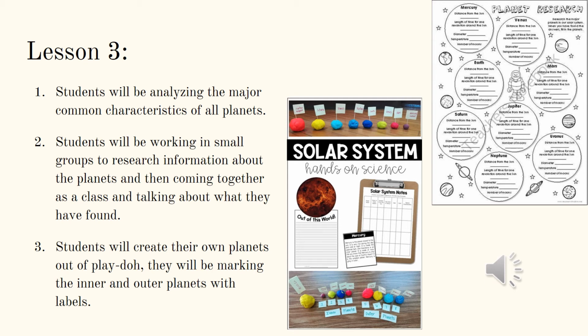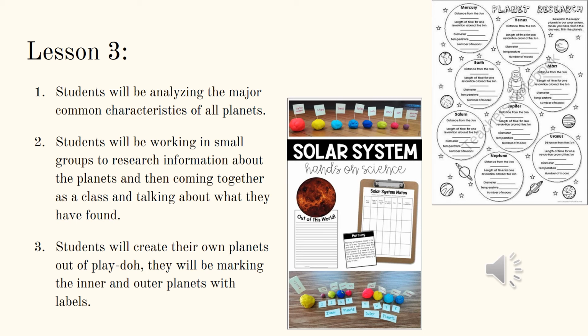For the groups, students will have Play-Doh, and they will describe the different planets using measurements and how big the planets are and whatnot. For the next one, they were basically doing planet research, where they research each planet. So that was for lesson 3.